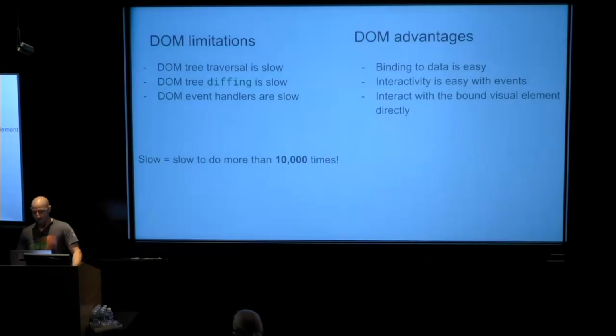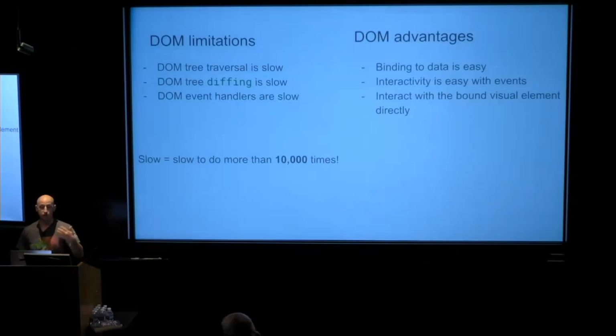As we said before, the DOM has advantages. Binding to the data is very easy. Interactivity is very easy with events. And you can interact with a bound visual element directly. This is all stuff that's more tedious to do in other languages, but the DOM also has limitations, and this is basically why you bother going from the DOM into the canvas.